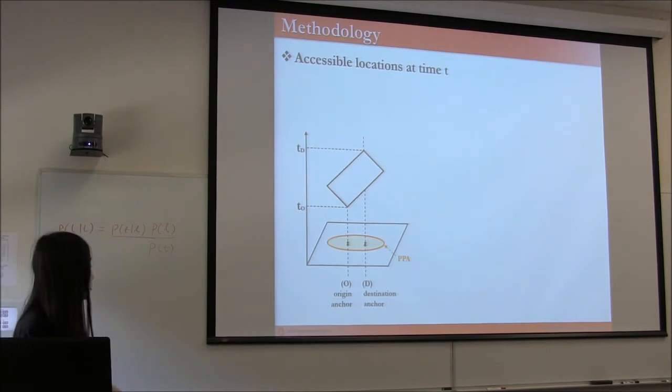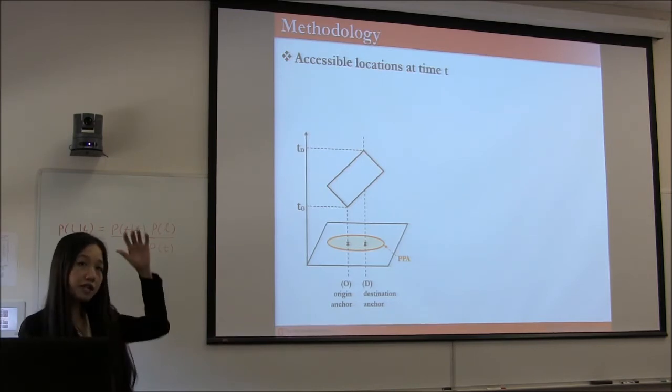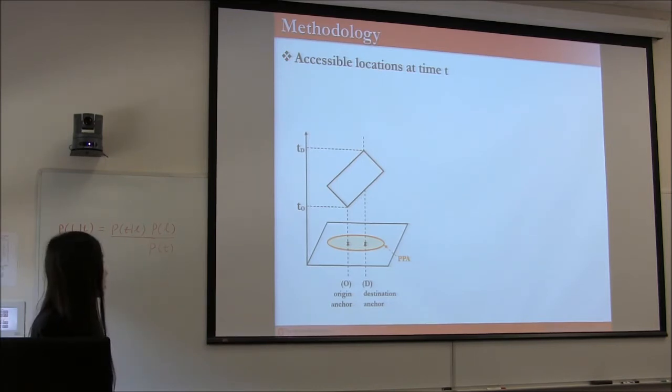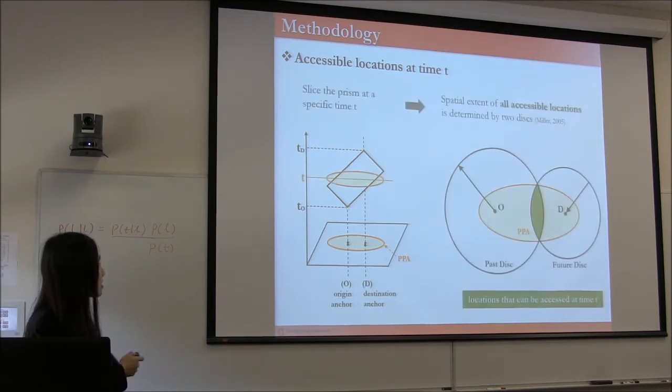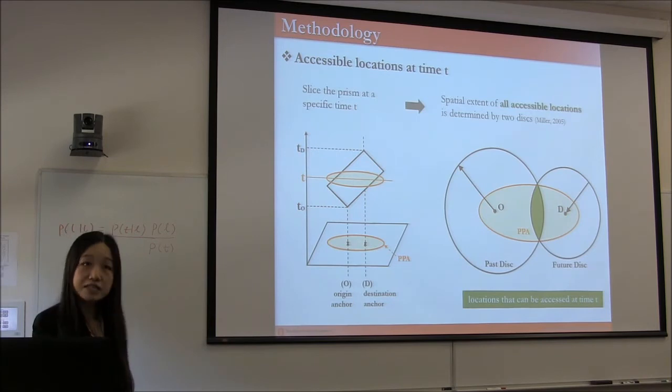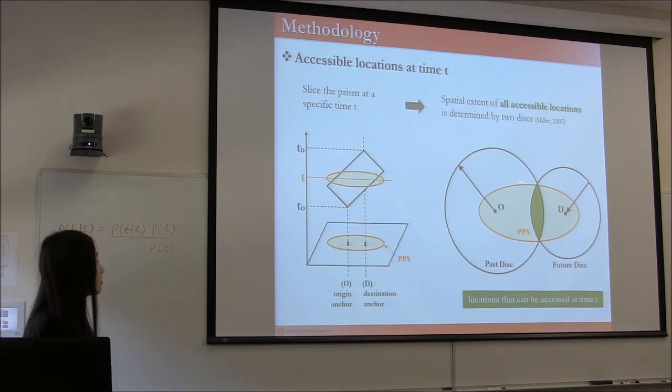To start with, let's look at what are the accessible locations within the prism. So this is a prism without activity time we're looking at. It is hard to describe it in the whole time frame, but if we give the start point and end point, and then slide at the specific time t, we can have the accessible locations at that particular time.